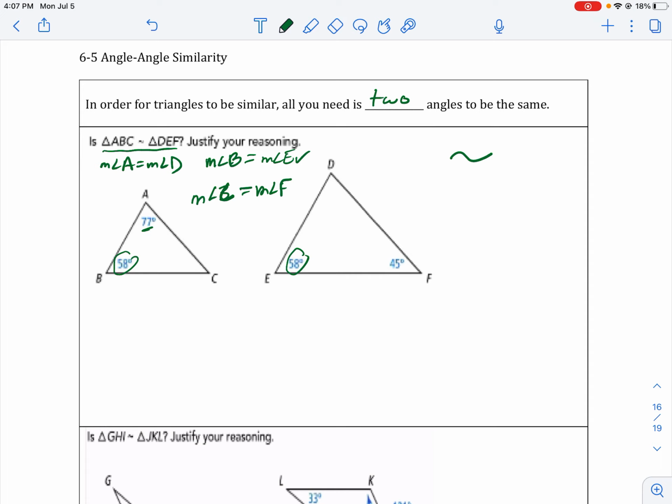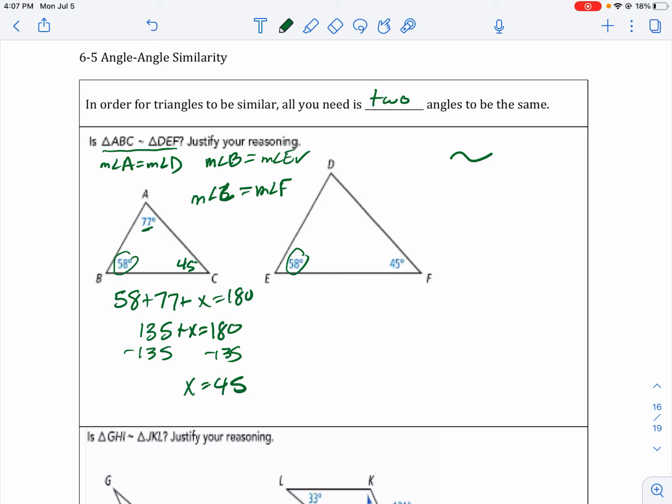So that means that 58 plus 77 plus angle C, which I'll call X, should equal 180 degrees. And so now I'm going to combine my like terms, and I get 135 plus X is 180. Subtract 135. X equals 45.